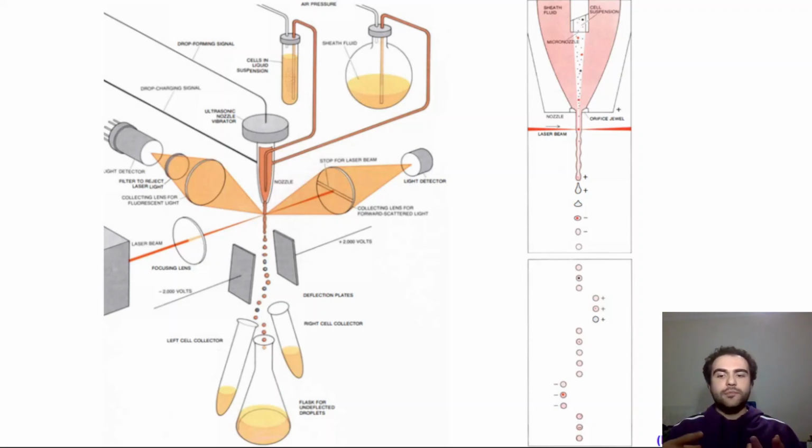The drops then pass between two charged plates and are deflected to appropriate containers. A beam of light, usually a laser, is directed at the stream of cells, and detectors are aimed where the stream of cells passes through the light.